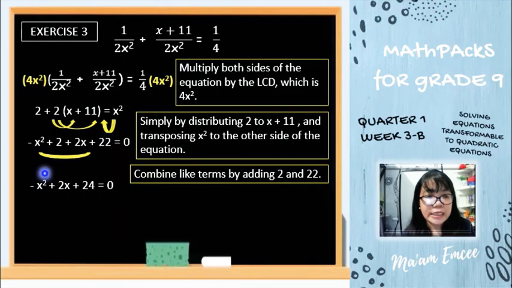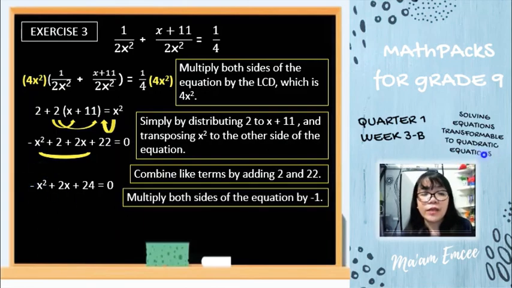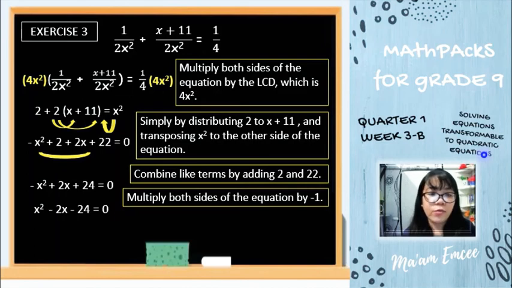And since our quadratic term here is still negative, we multiply both sides of the equation by negative 1. By multiplying by negative 1, all of the signs on the left side will just change. So negative x squared will become positive x squared, plus 2x will become minus 2x, and plus 24 will be negative 24.